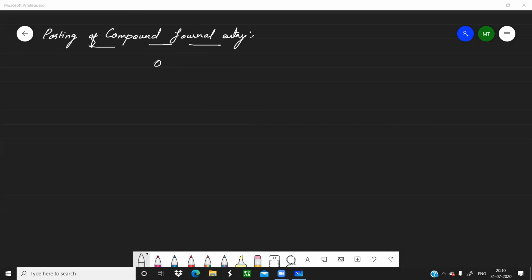More than one debit and more than one credit is called a compound entry. The entry is a compound entry.